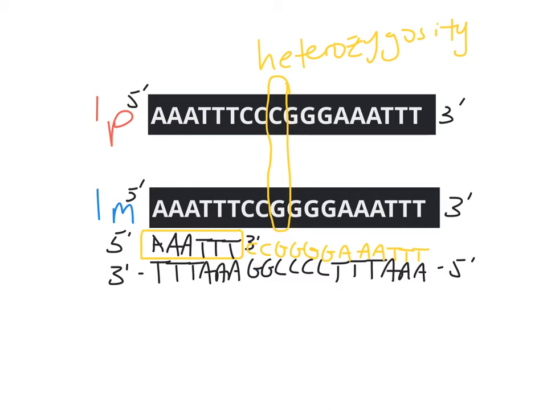We need the second one, which is not going to use the bottom template strand, it's going to use the top template strand. So we need something that goes 5' to 3'. We need a primer that will stick onto the top template strand by base pairing.